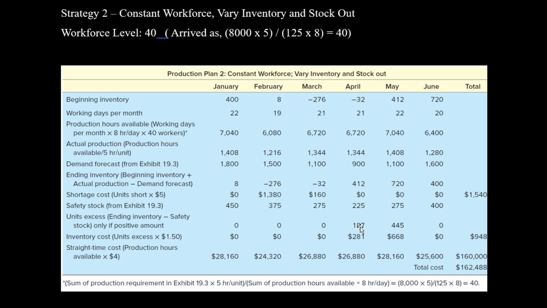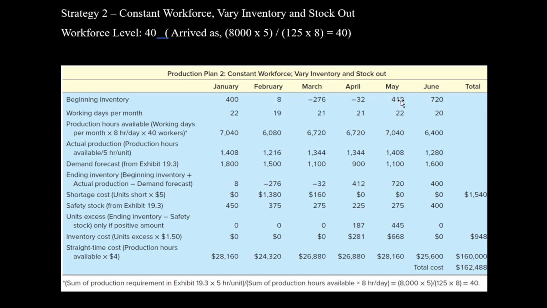And then the inventory cost for this will be 187 into 1.5, so that will be 281, right? For safety stock we will not have any inventory carrying cost. But this ending inventory will always go here as the opening inventory.